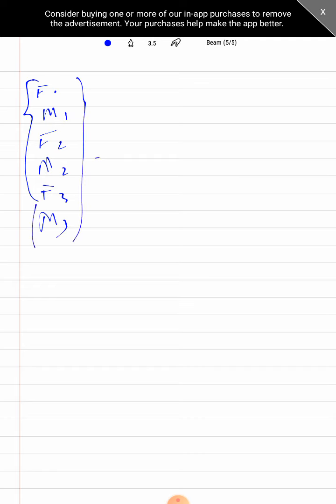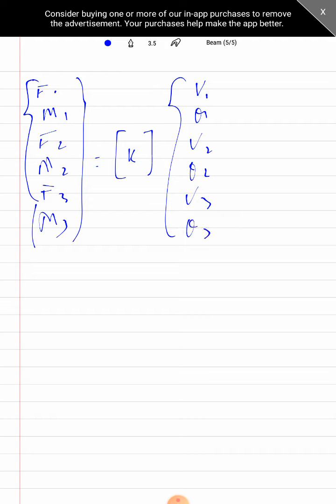Okay, and then this is your K, the global K, and then the U is V1, theta 1, V2, theta 2, V3, theta 3.